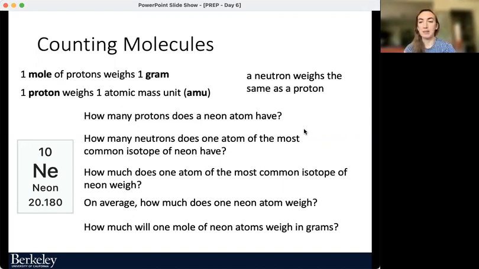I'm not going to give you a hint yet. I'm just going to give you a second to go through these and see if you can think about how many protons does an atom of neon have? How many neutrons does 1 atom of the most common isotope have? How much does 1 atom of the most common isotope weigh, or what is its mass? And then the same questions for the moles.